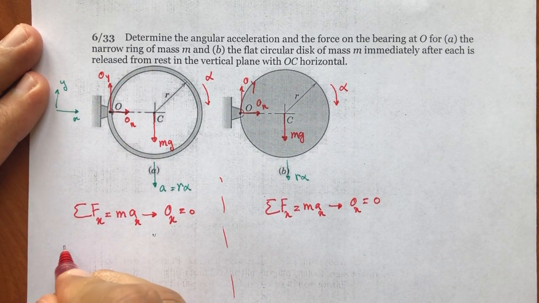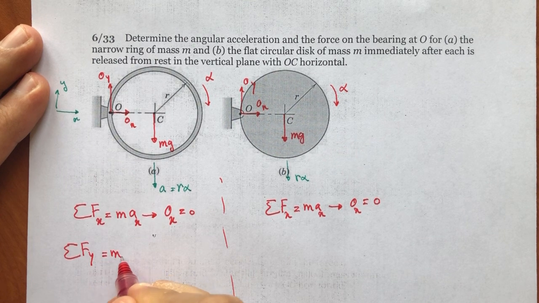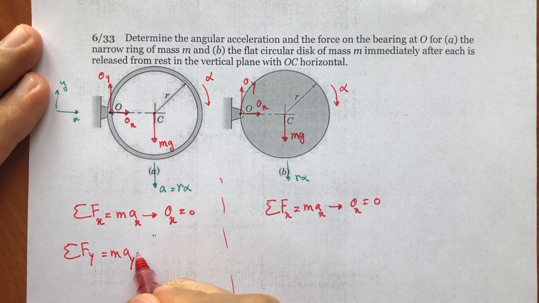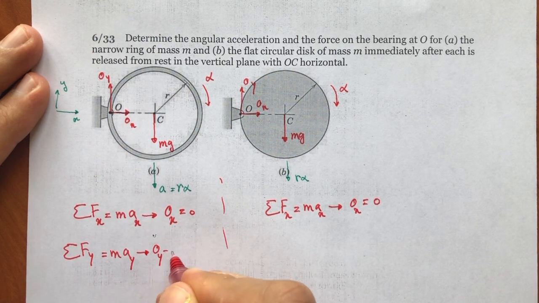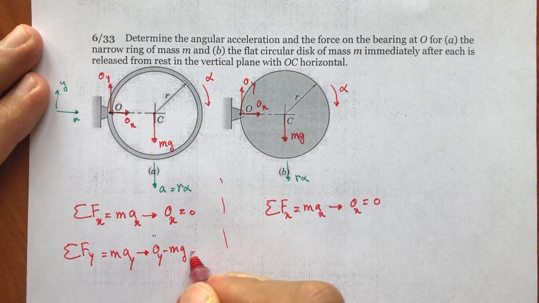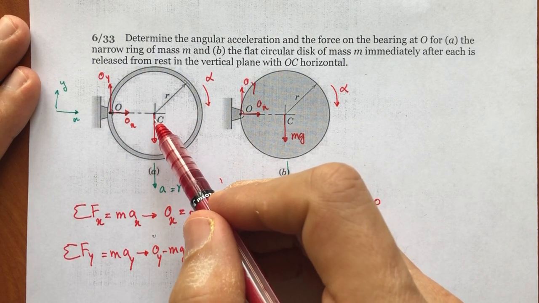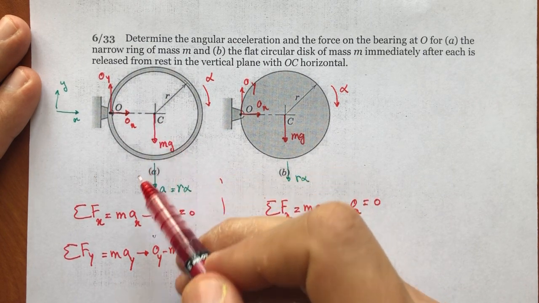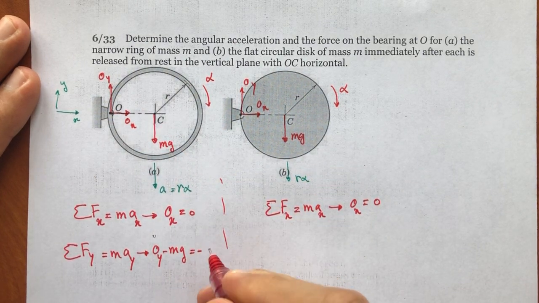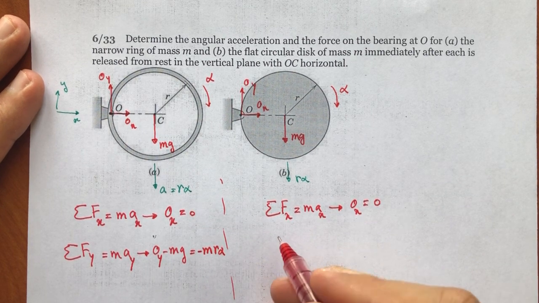Sum of the forces in the y direction is equal to mass times acceleration in the y direction. In the y direction, we have OY minus mg equal to the acceleration in the y direction, which is negative r times alpha because acceleration is downward. So I'm going to have negative m times r times alpha. Same thing here.